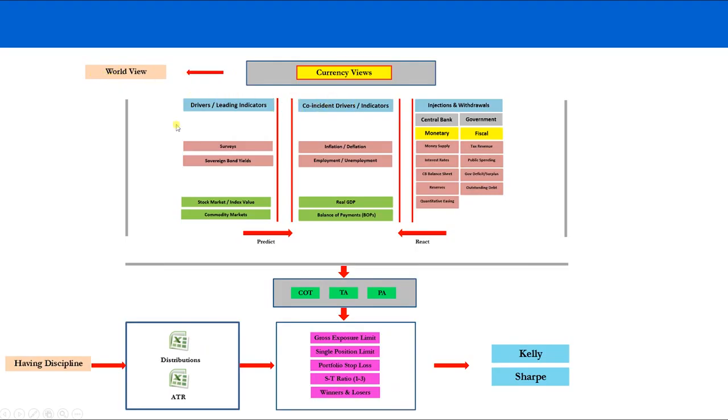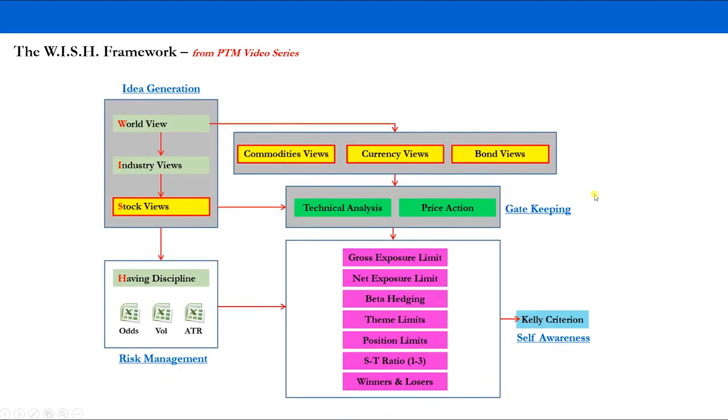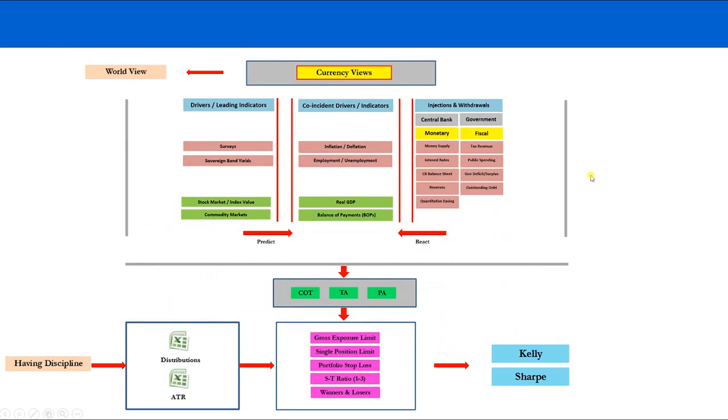And when we take a snapshot or go inside currencies, what we're doing is looking at the currency view idea generation area. If we magnify into that, what we'll find is that our currency views occur because of a number of drivers.